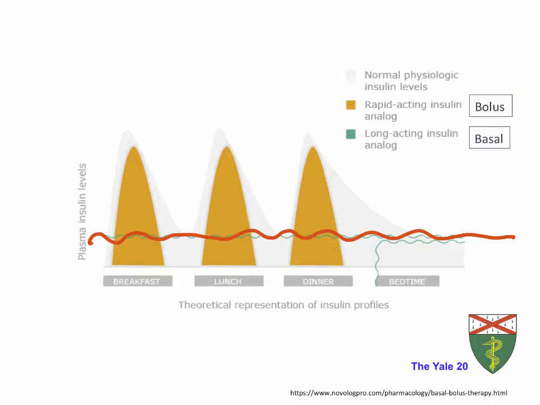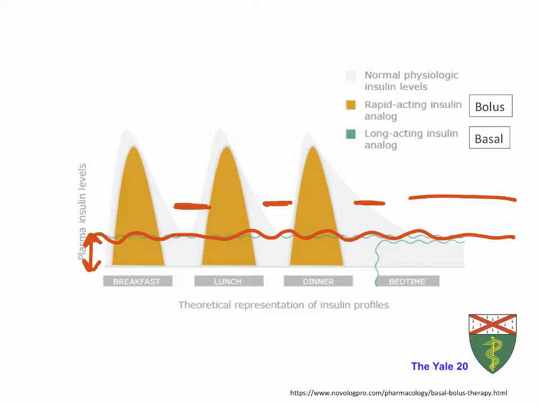The reason for this is really to control the blood sugar in between meals, and then also to make sure that we have normal blood sugar control at bedtime or while we're sleeping, and to suppress hepatic gluconeogenesis overnight. So there's always some level of insulin production in normal patients. So we want to simulate that when we're prescribing insulin for patients in the hospital as well.